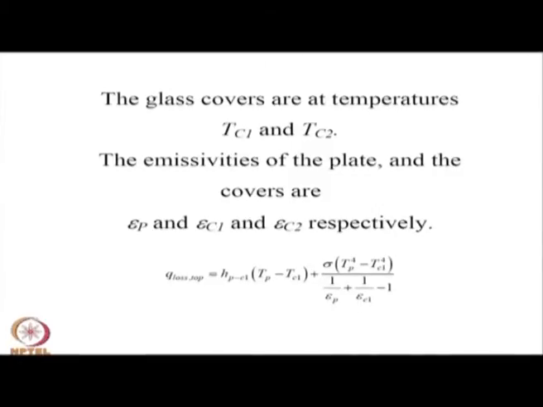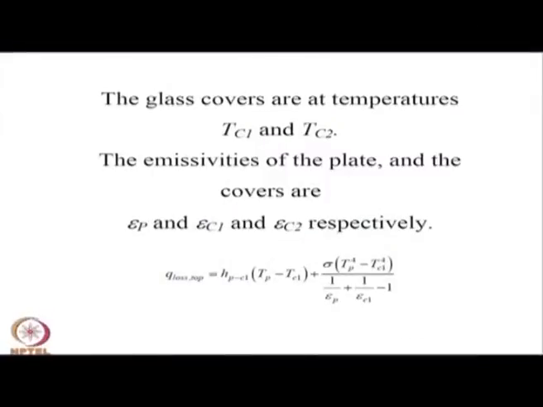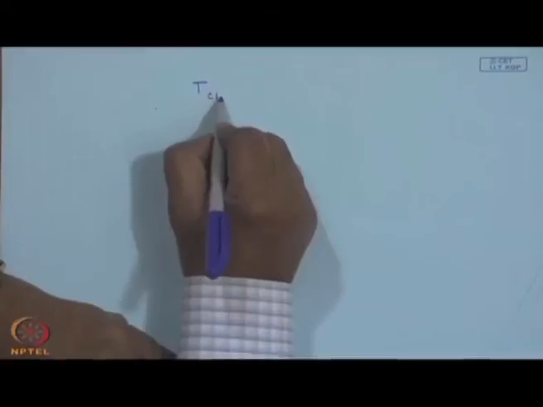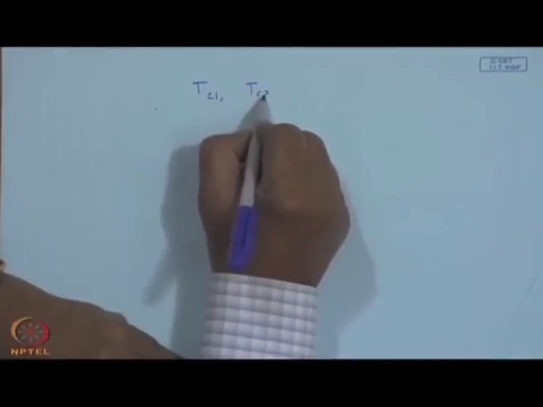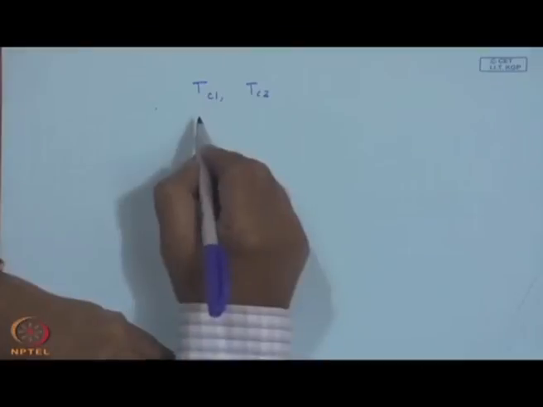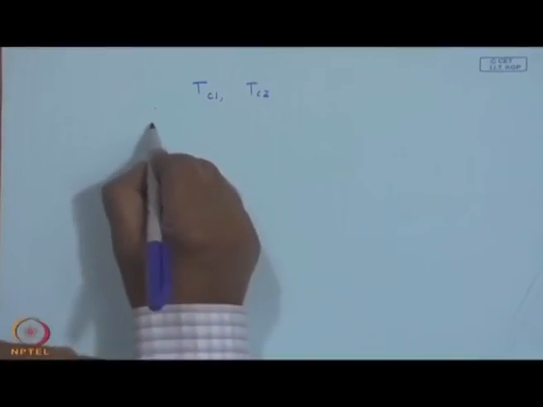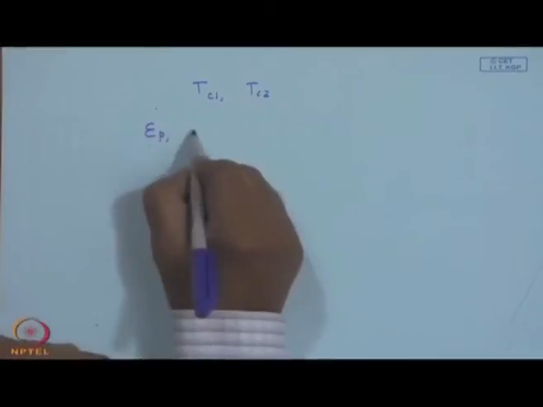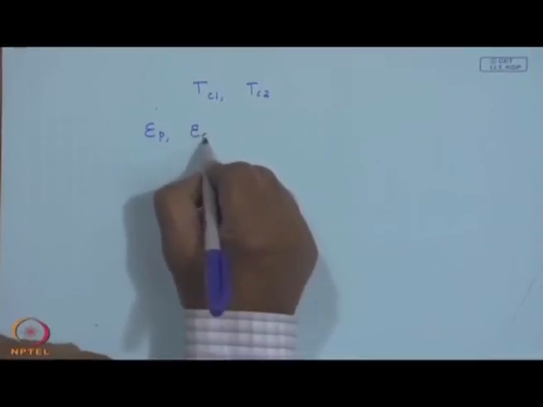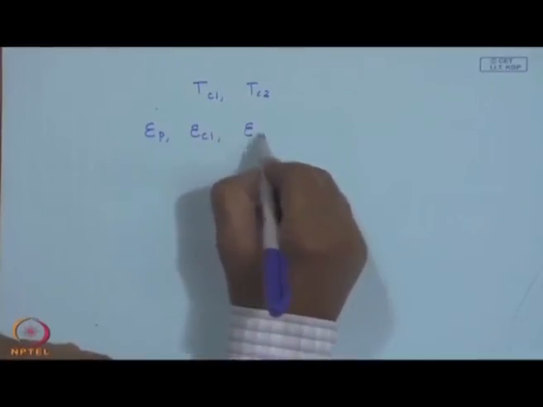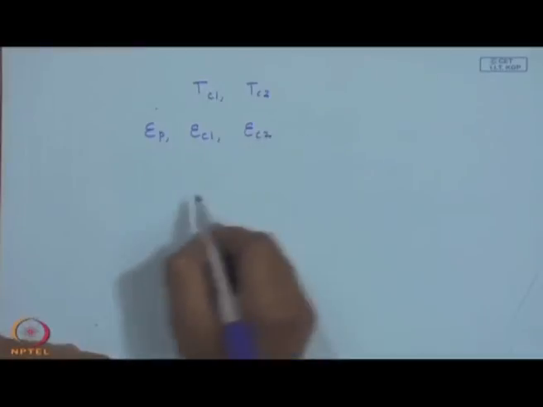So, first we shall evaluate these resistances one by one. The glass covers are at temperatures T c 1 and T c 2. Let the emissivities of the plate be epsilon p, cover 1 epsilon c 1 and cover 2 epsilon c 2.